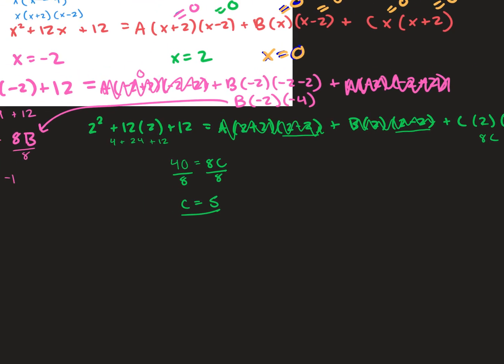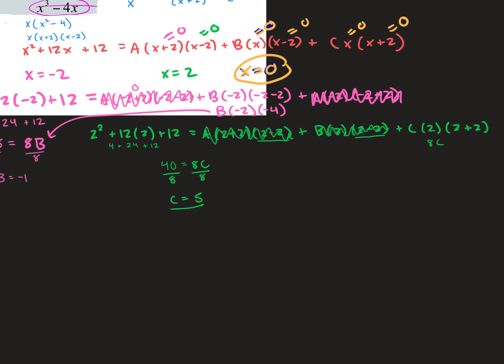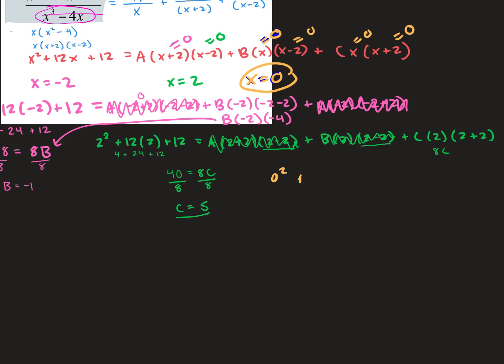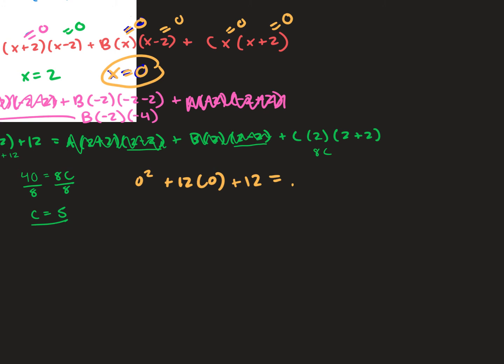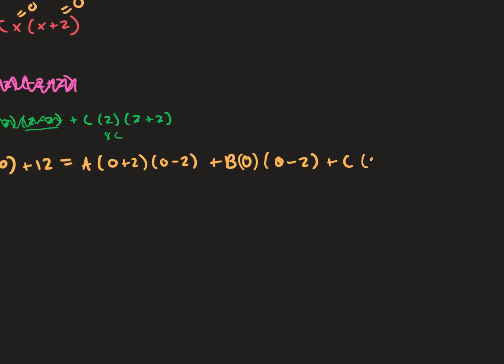All right, now we do the same thing, but for when x is equal to 0. So I plug in 0 to everything. So I have 0 squared plus 12 times 0 plus 12 is equal to a times 0 plus 2 times 0 minus 2 plus b times 0 times 0 minus 2 plus c times 0 times 0 plus 2.